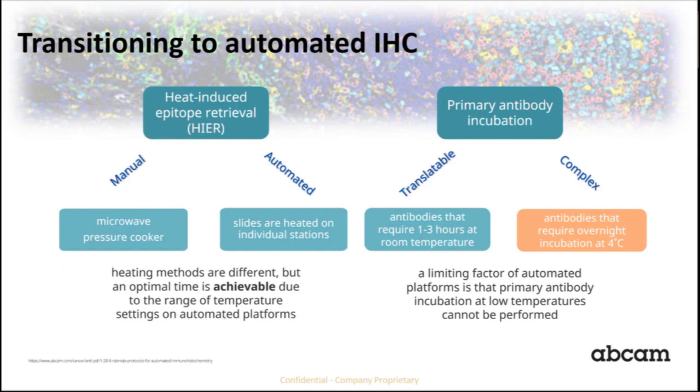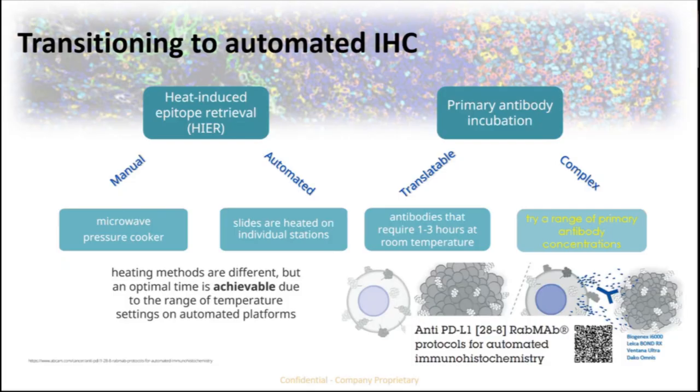Oftentimes it might not be possible to do overnight incubation at 4 degrees when you're using an automated machine. So to get the same low non-specific binding as at 4 degrees but with a higher temperature, you might need to test a range of primary antibody concentrations, add an additional blocking step, or modify the antigen retrieval step.